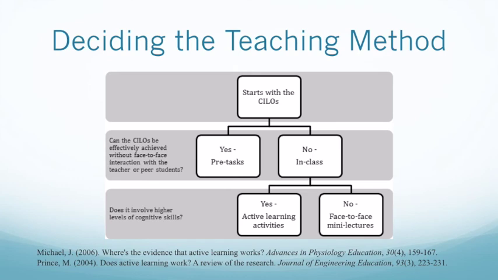If the answer is yes, then we ask the students to do pre-tasks such as doing a pre-reading or watching video lectures before the lessons. Otherwise, we leave that to the teaching sessions, in which case we ask a second question. Does the learning outcome involve higher levels of cognitive skills? If the answer is yes, we design an active learning activity to develop that learning outcome.